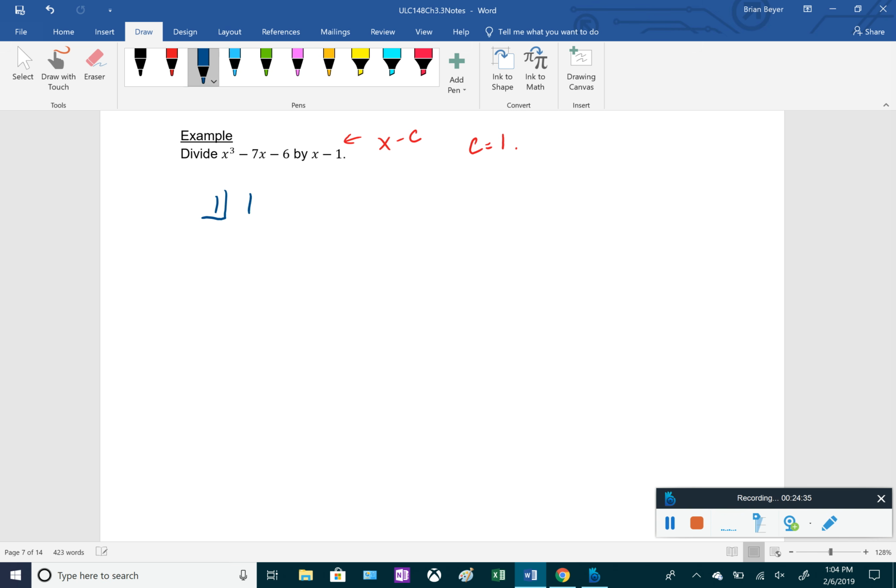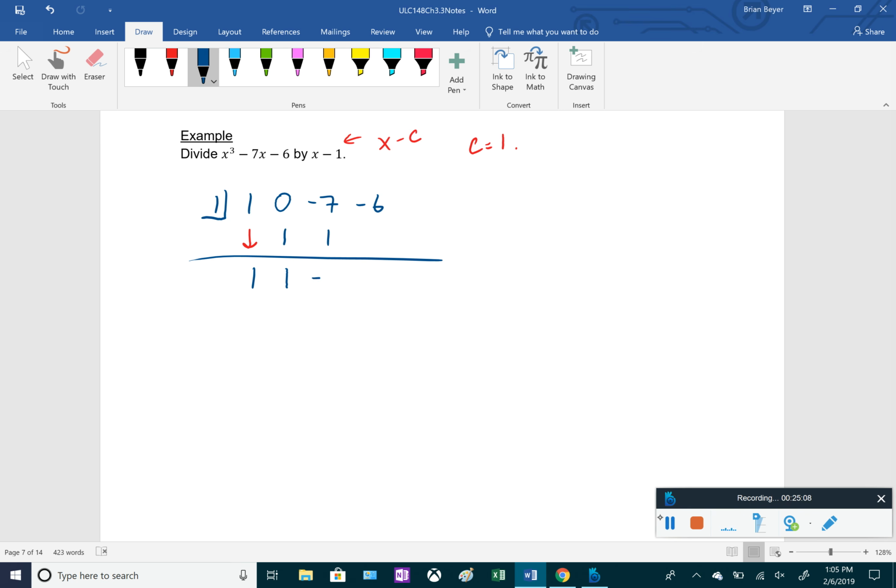Coefficients of the dividend are 1. It's missing the x squared, so coefficient of 0. And then negative 7, negative 6. Bring down that first term. So multiply, add, multiply, add, multiply, add. 1 times 1 is 1. 0 plus 1 is 1. 1 times 1, 1.